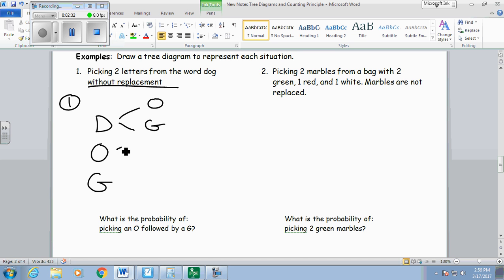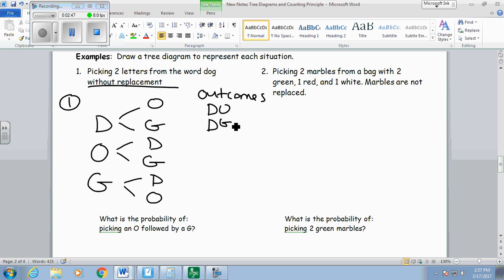If I picked an O the first time, then I only have a D or a G to choose from. And if I pick a G, then I only have a D and an O. So if I list my outcomes, it goes DO, DG, OD, OG, GD, and GO.